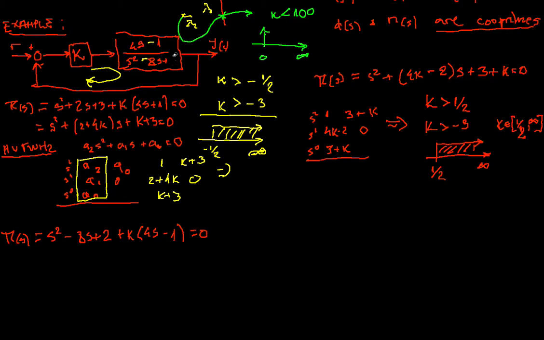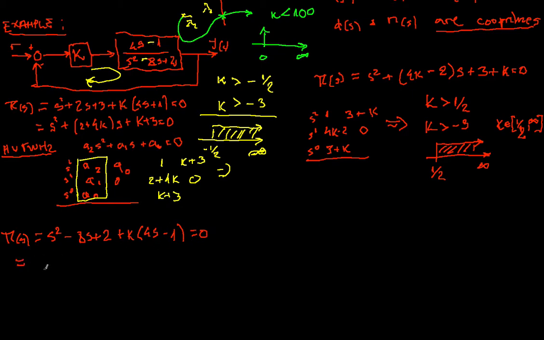So slightly different transfer function. So this is minus 8s plus 2, that's the term that is coming from here. Multiply k, multiply 4s minus 1, that's what we have.